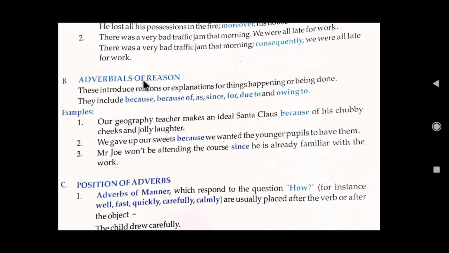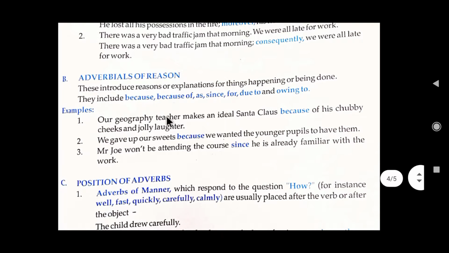These introduce reasons or explanation for things happening or being done. So as its name indicates reason, these adverbs are used for giving any reason, excuse or explanation. Read. They include because of, as, since, for, due to and owing to. So these are the adverbs of reason.